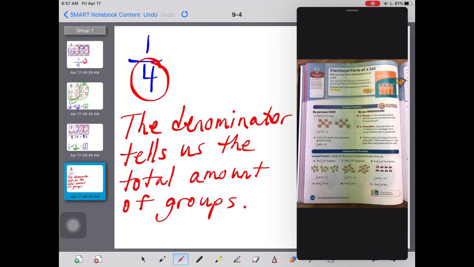In that instance, we'd say the denominator tells us the total amount of items or people or whatever. But in this instance, being that that denominator did not match the total amount of batteries, it's telling us the total amount of groups of the batteries within the set.